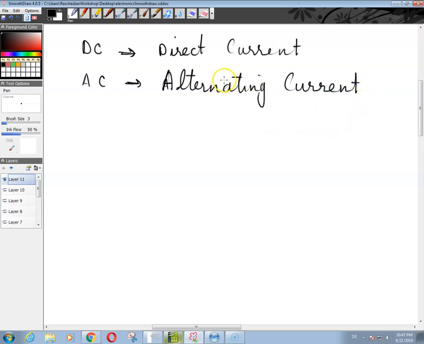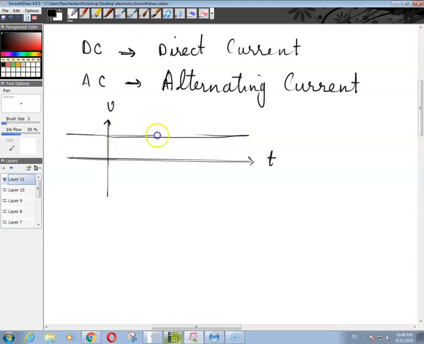The graph of a direct current would be something like this. If you think of this axis as your voltage and this axis as time, then direct current would be a straight line all across.